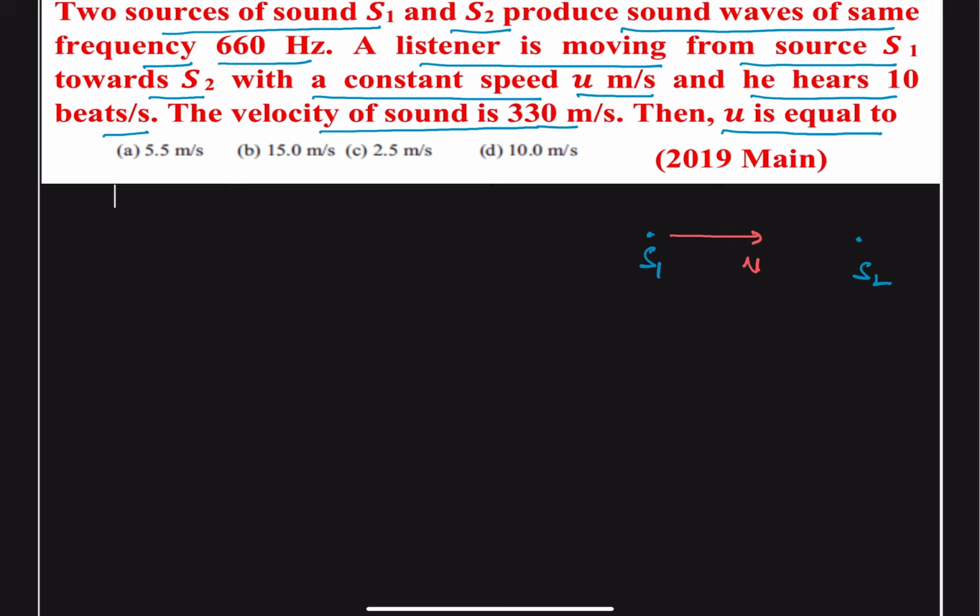So we are going to use the Doppler effect equation for each source. First we are going to use it for source S1, in that case the listener is moving away from S1, and then we are going to use the Doppler effect equation for S2 where the listener is moving towards S2.